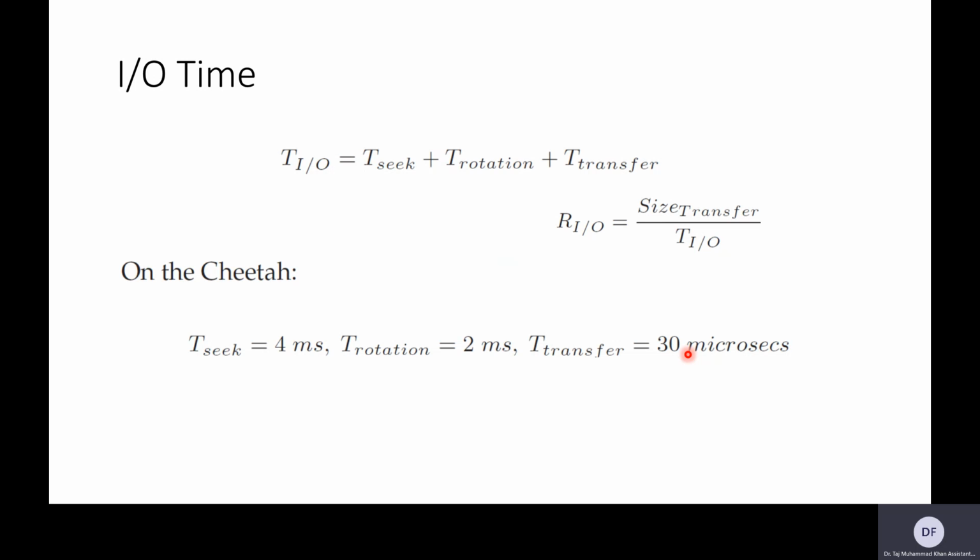Transfer time depends on the amount of data that you are going to transfer. In the example cited in the book, they are transferring 4 kilobytes of data. Those 4 kilobytes take 30 microseconds to transfer on this Cheetah hard disk.